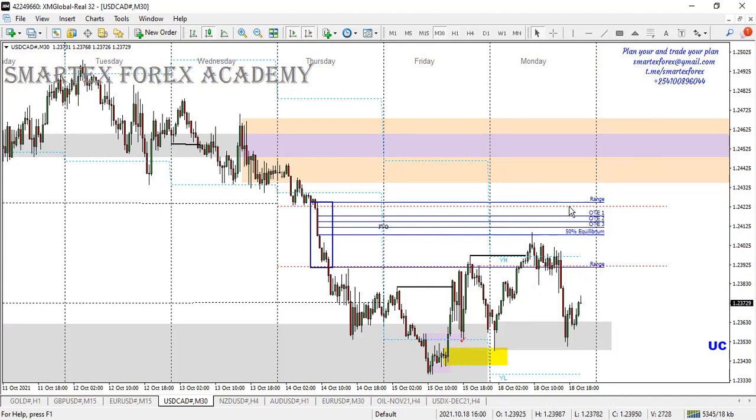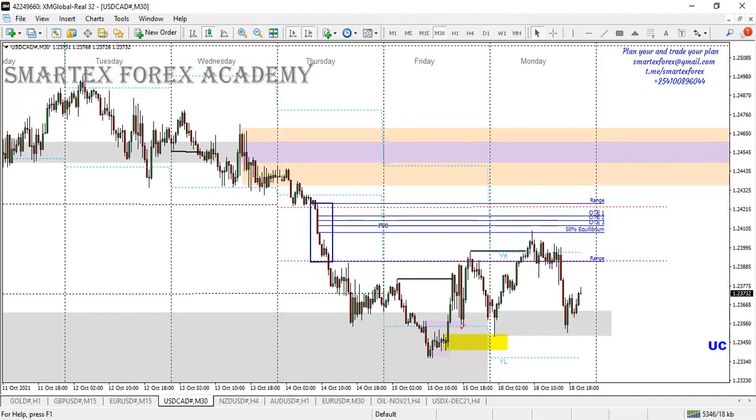But this doesn't confirm that the price will move without filling this one. Tomorrow's price action will define if the market will go up here to fill this gap or continue dropping. It depends on what price action is displayed on Tuesday.